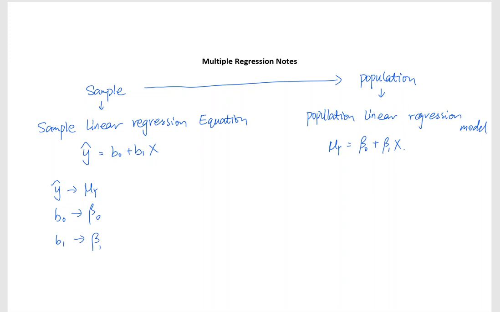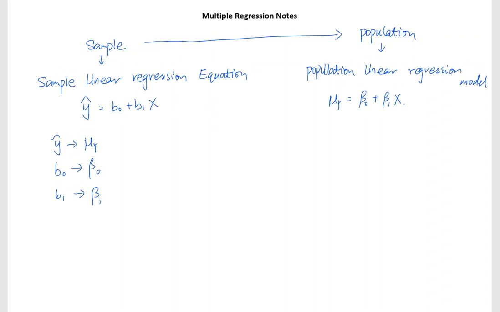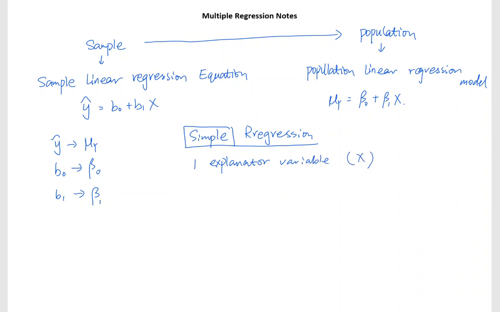Right? Okay, so for the whole process here, we call it simple regression. Why do we call it simple regression? Because it is simple. That means we only have one explanatory variable, which is our x, and we have one response variable, which is our y.